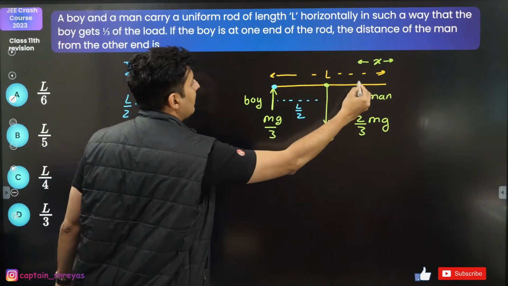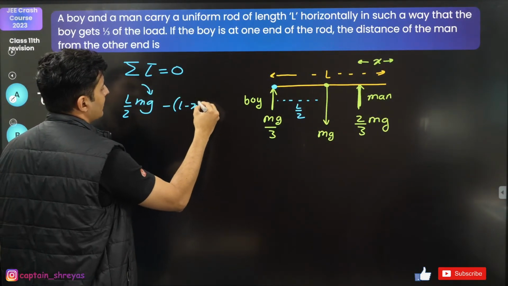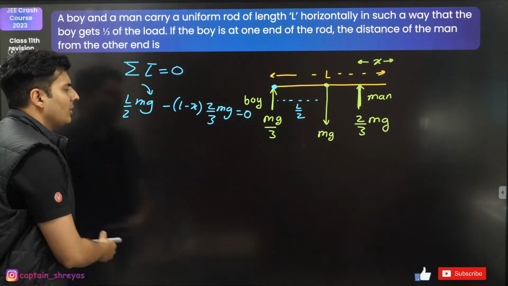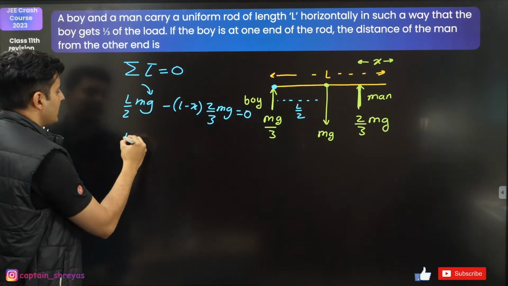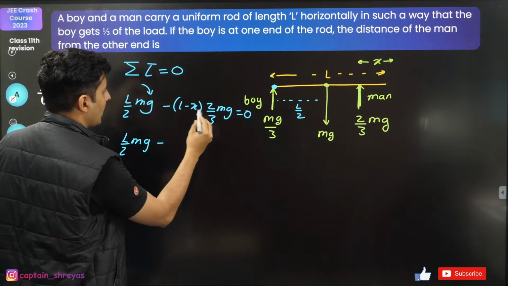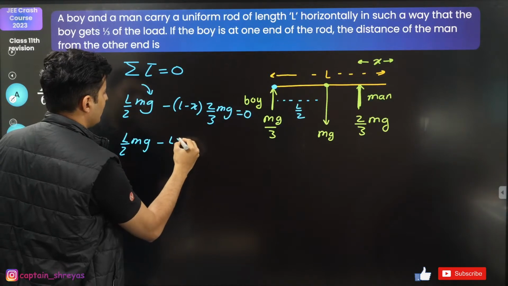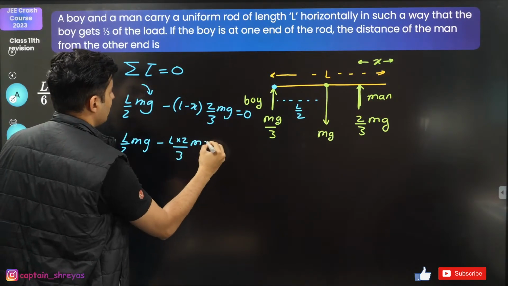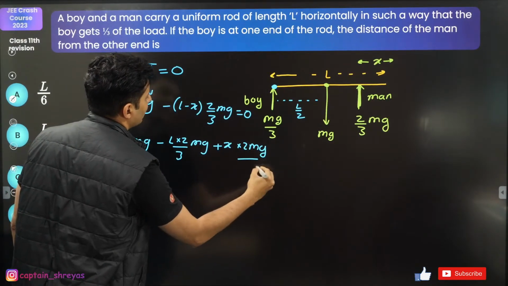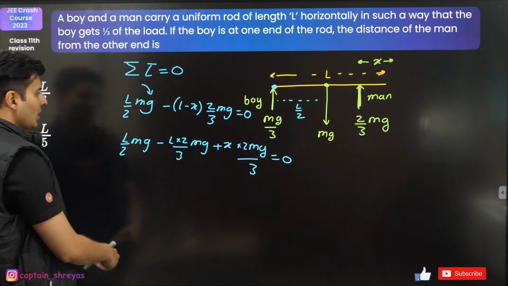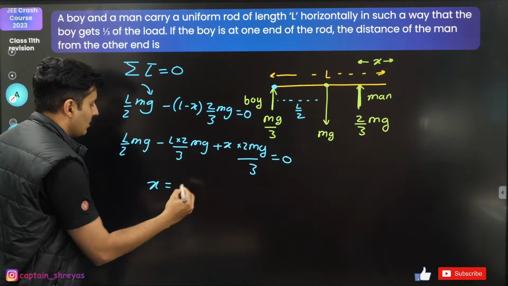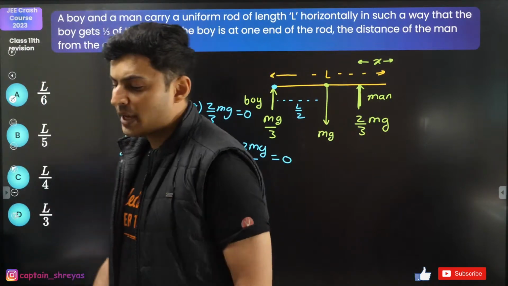Think about it. L minus x. So L minus x into 2/3 mg will be 0. Now just solve this and see what you get as the answer. So L/2 mg minus L into 2/3 mg plus x into 2mg/3 is equal to 0. Solve this and see what your answer is going to be.